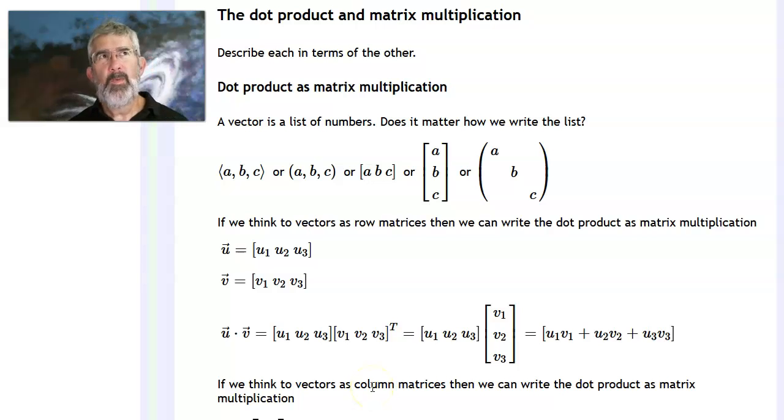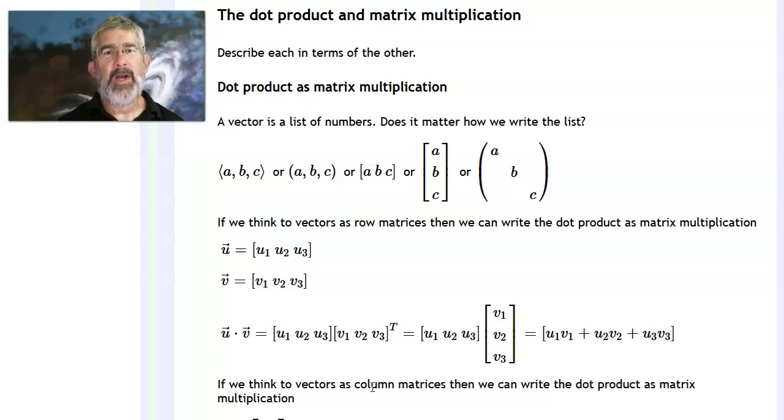Now, when we think about the algebraic interpretation of a vector, it's a list of numbers. And we choose to write that list of numbers with pointy brackets and commas in between the numbers. I have mentioned already that some books will use round brackets. However, it's a list of numbers. Who cares what the notation really is?